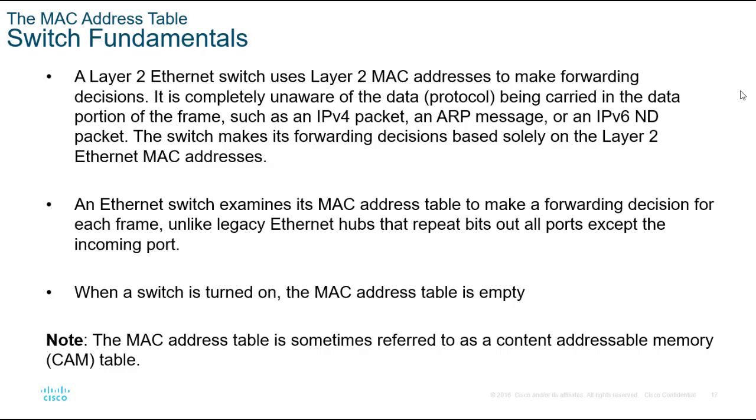Unlike those legacy Ethernet hubs repeating bits out all ports, an Ethernet switch has an internal MAC address table, which it uses to make a forwarding decision for each incoming frame. You might also hear the MAC address table referred to as a CAM, or Content Addressable Memory table.